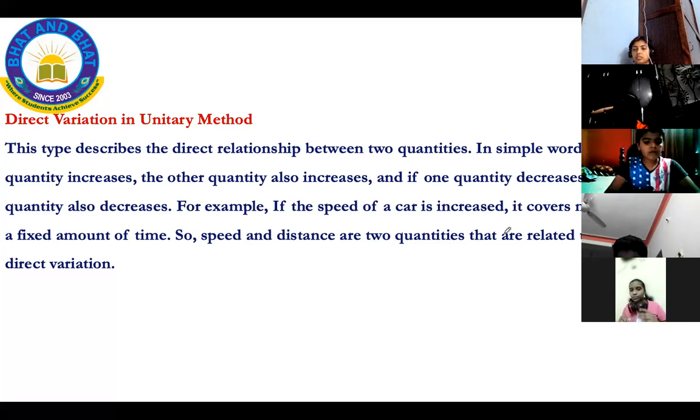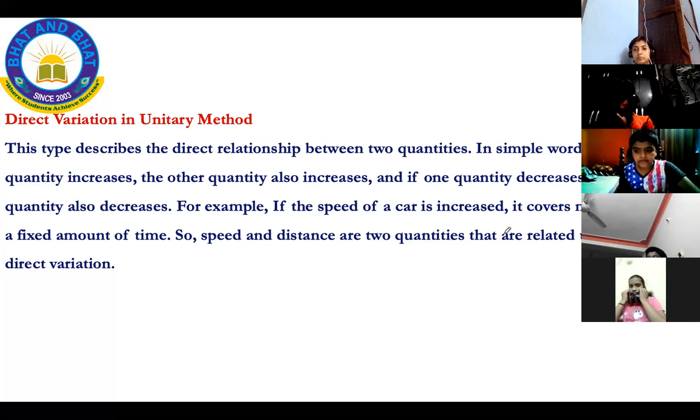Yes, ma'am. It is like the car is moving and only 1 hour is given. In 1 hour, the car is moving at some speed, and if we increase the speed, instead of taking 1 hour, it will take only 45 minutes. Means we covered more distance in a short time.